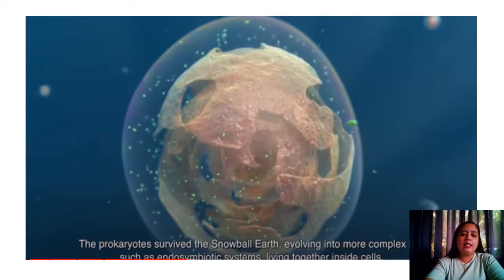But what is for sure is that some of the prokaryotes survived the snowball earth, yung changing ice ages natin, and they evolve into a more complex type, such as having endosymbiotic systems living together inside the cell. Remember, meron tayong mga cell membrane noon, so nagkakaroon ngayon ng endosymbionts yung nasa loob.